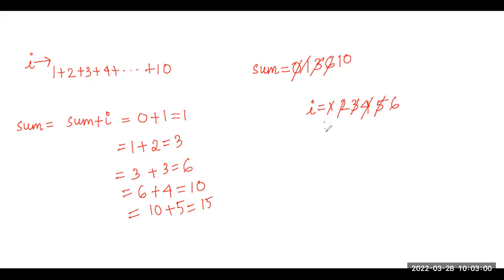So like this, in the while loop, this will run till your value of i is less than or equal to 10, because we needed the sum of first 10 natural numbers. You will start i from i equal to 1 and sum equal to 0. Then 0 plus 1 is 1, 1 plus 2 is 3, then 4, then 5.